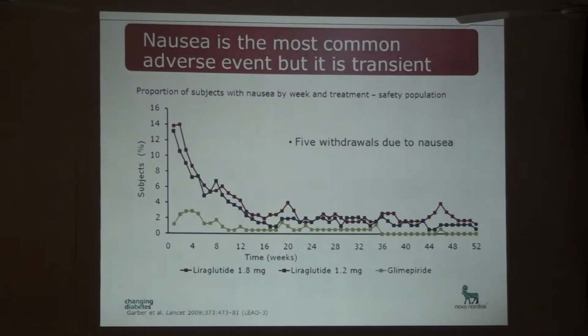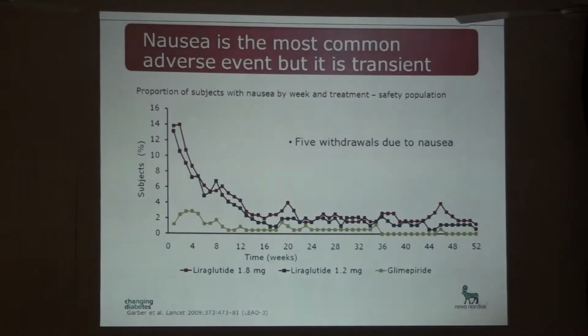But here, as physicians, the counseling of the patient becomes very, very important because, as you can see from this graph, the nausea is very high in the initial period, and that's only because the patient doesn't know how to adjust his or her meal size according to the slowing in the gastric emptying time. Once the patient gets aware of how much food to eat, this nausea automatically reduces.